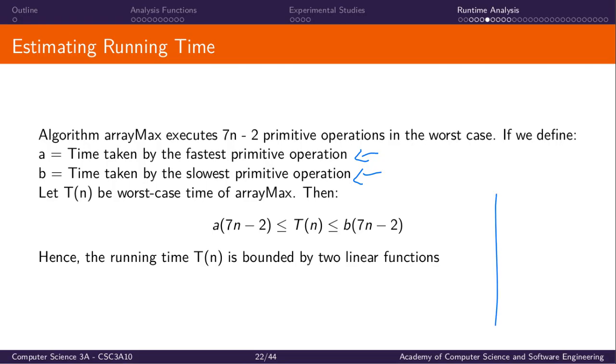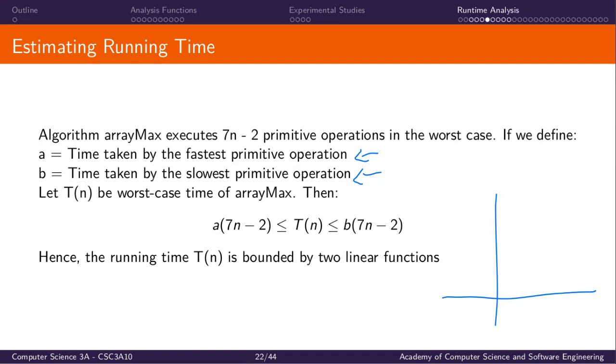So if we're to draw what these two linear functions look like, let's say we actually had those values of A and B, and then we can actually look up what the time taken to execute operations are on our machine, and we could actually do that for a processor. We can look up what operations it supports and how long those take, but good luck finding those manuals.